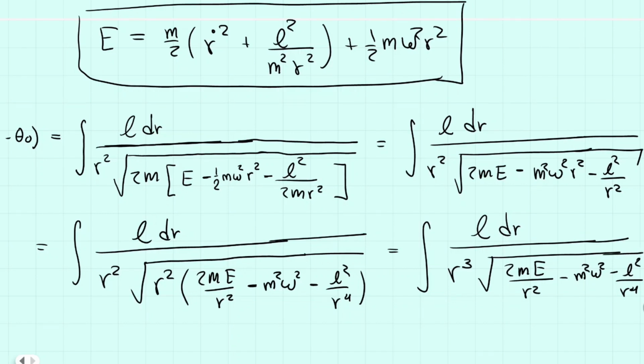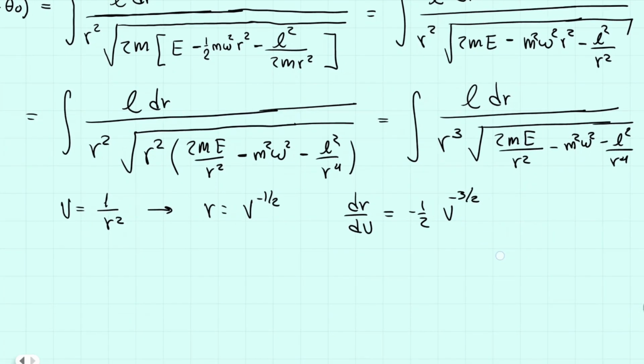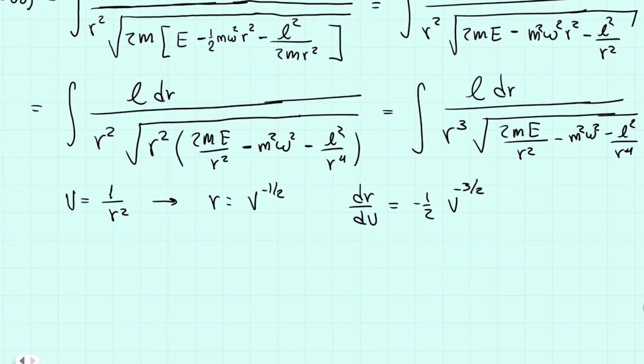So what we are going to do now is to take the change of variable v equals 1 over r squared. So that means that r will be v to the negative 1/2. So the derivative of r with respect to v is going to be negative 1/2 v to the negative 3/2. And r cubed is going to be v to the negative 3/2.